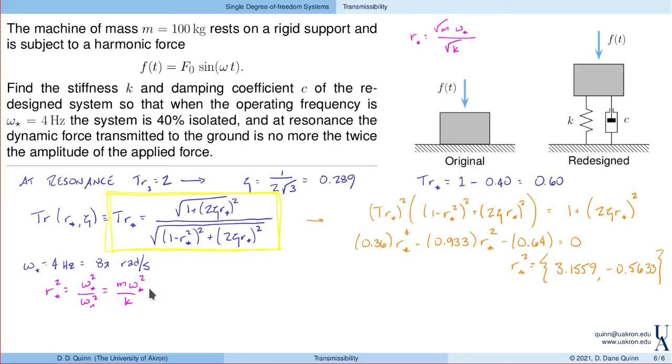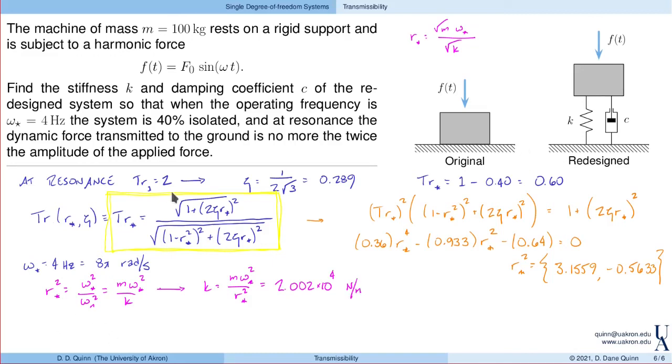So we can solve for k, because this desired frequency ratio is 3.1559. We know the mass. I know the desired operating frequency. So k is m omega squared divided by R squared. Or, plugging in these numbers, we get 2.002 times 10 to the fourth newtons per meter.